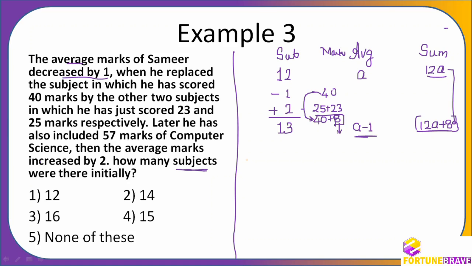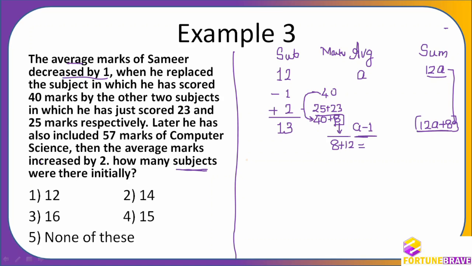This is the new subject that has been replaced by 40 and 40, so there is no question, only this. So therefore what will happen? This subject will get 8 plus 12.